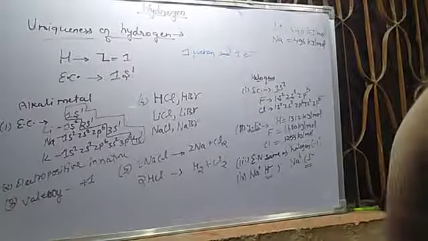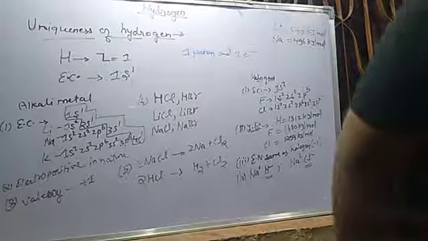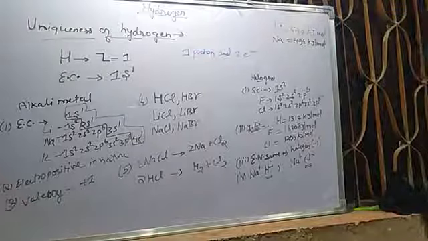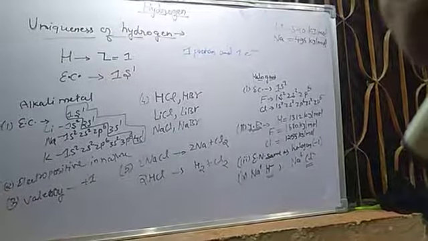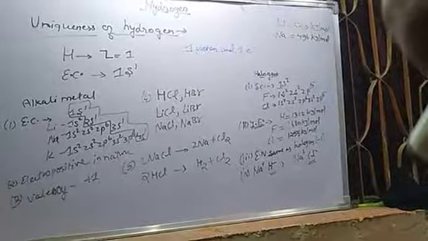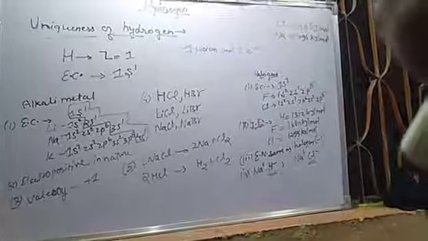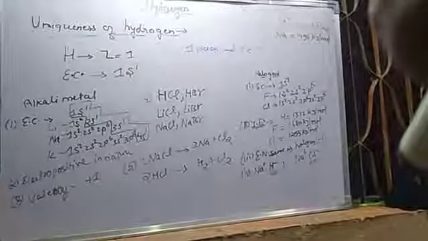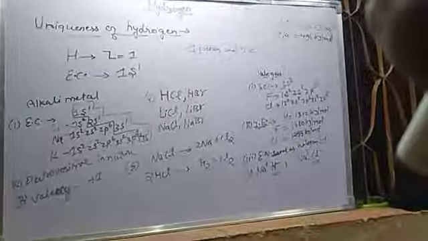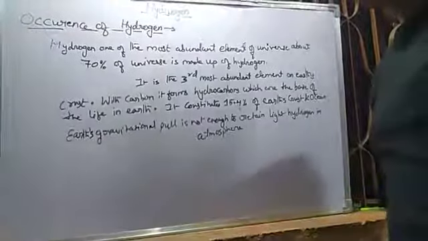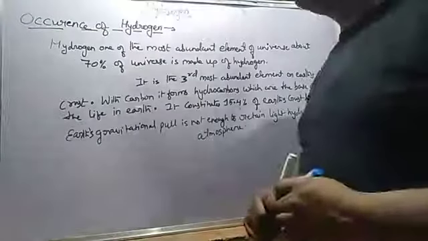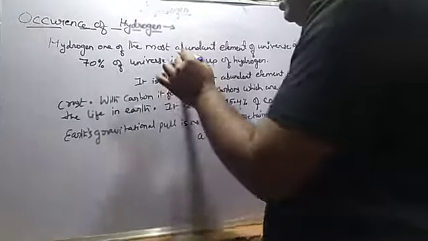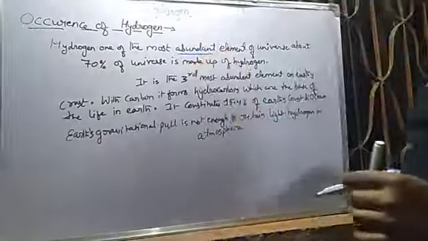Next, what is the occurrence of hydrogen? Hydrogen is one of the most abundant elements of the universe.